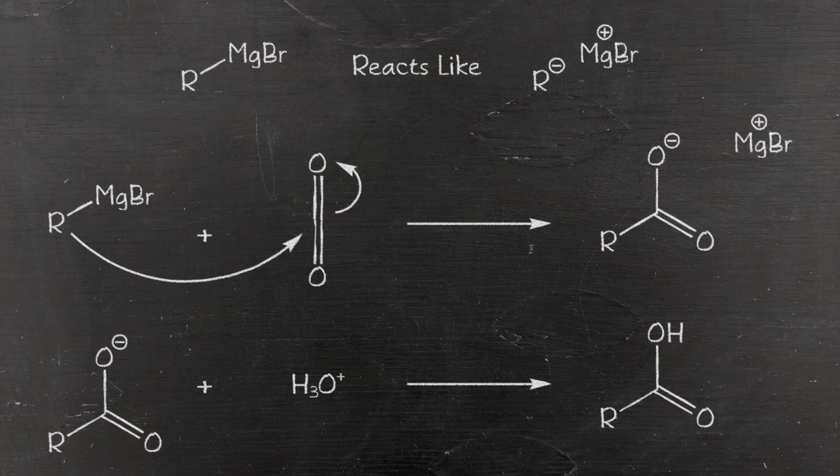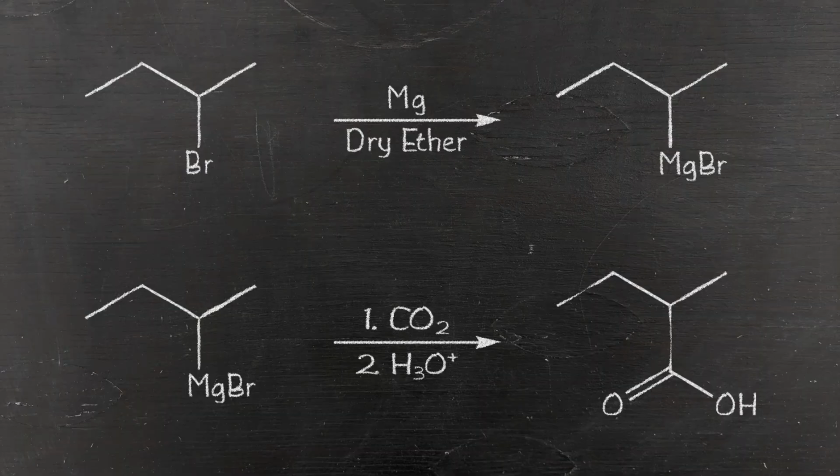Dry ice is the common name for solid carbon dioxide, and when our Grignard is added to it, that nucleophilic carbon atom attacks that central carbon of the CO2. And in doing so, we generate the conjugate base of a carboxylic acid. All that's left is to acidify the solution and then isolate our product. For example, the conversion of 2-bromobutane into 2-methylbutanoic acid.